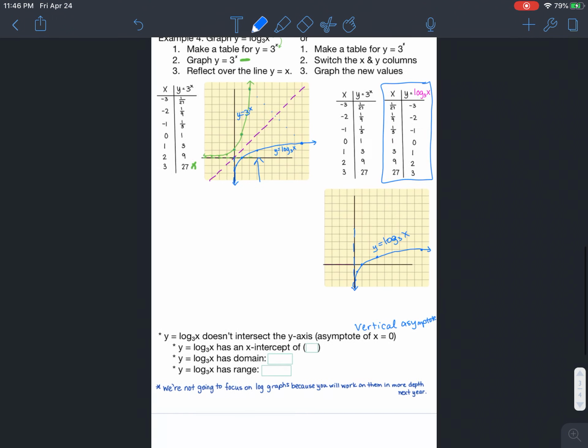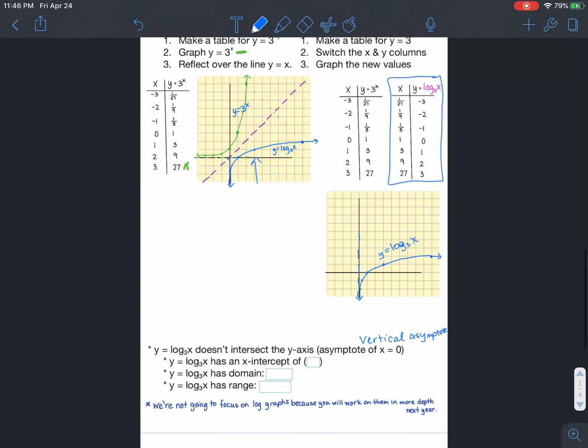Y equals log base 3 of x has an x-intercept at 1, 0. Just like the y-intercept of 3 to the x is 0, 1.